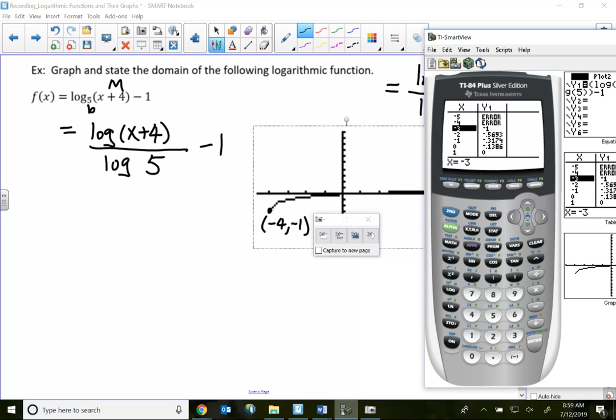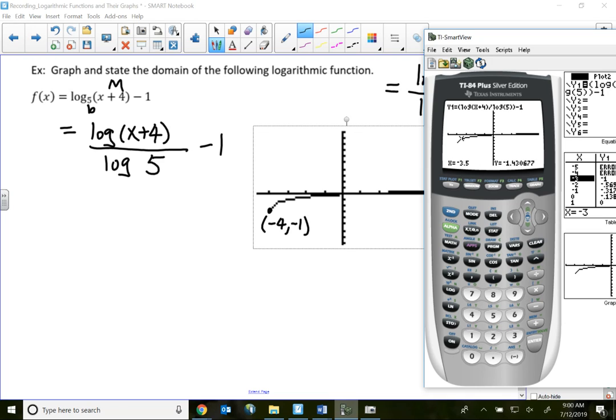It's actually undefined. So let me check this. At negative 3.5, something does exist.